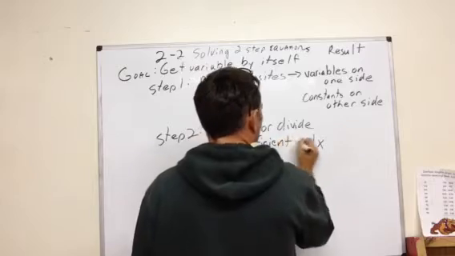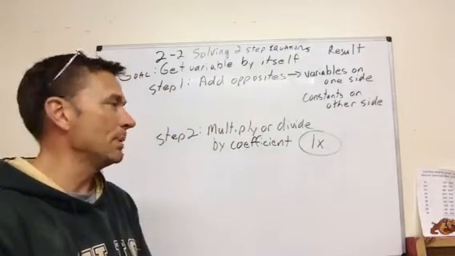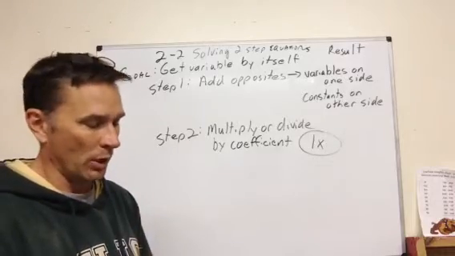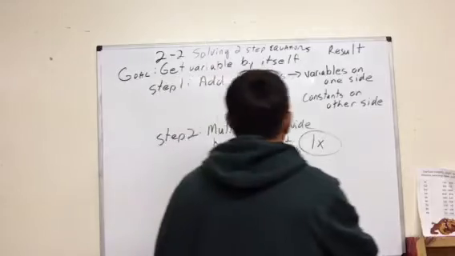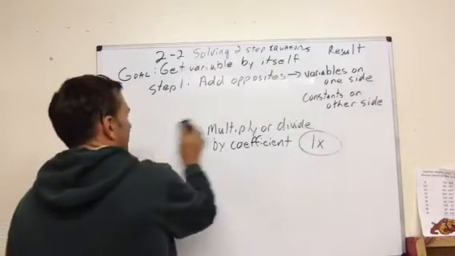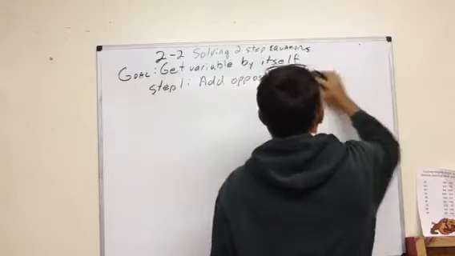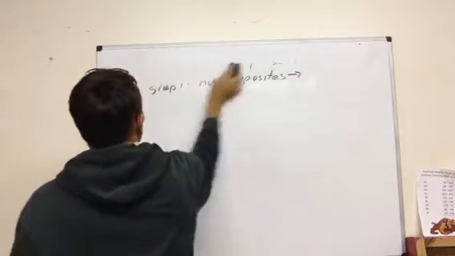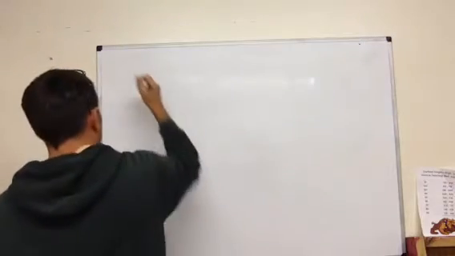This will result in our 1x, or 1n, or 1p, or whatever variable we're working with. So we're going to go through several problems so you can see how this is done and be able to make your comparisons. All the problems that we're doing are originating from the worksheet that I sent you, our notes.